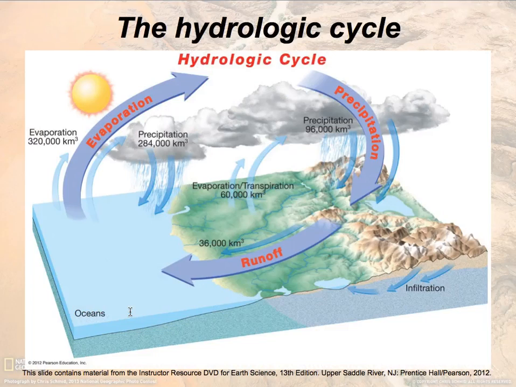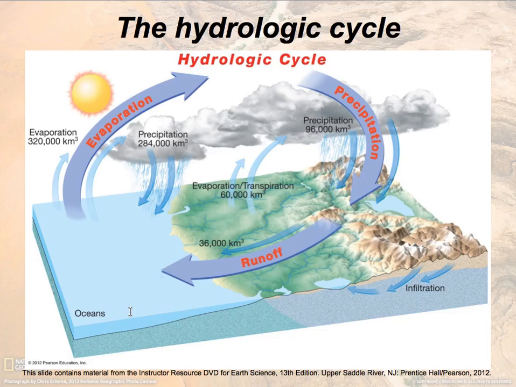The hydrologic cycle is represented here graphically, and it shows the different components of the cycle. These types of cartoons, as earth scientists often call them, or sketches, are very useful for showing complicated cycles. You'll see these for the global carbon cycle, the global nitrogen cycle, the climate cycle, the ocean organic matter cycle.